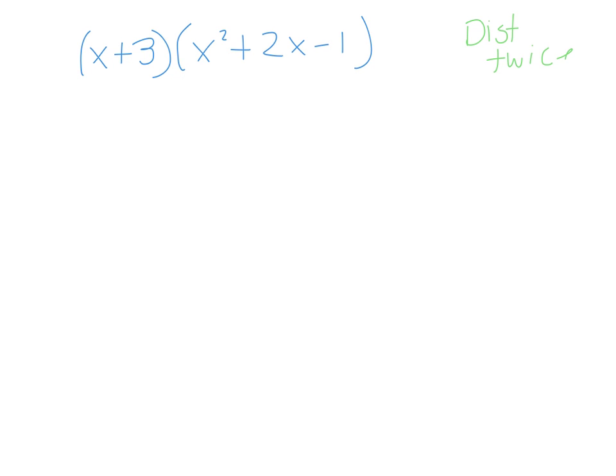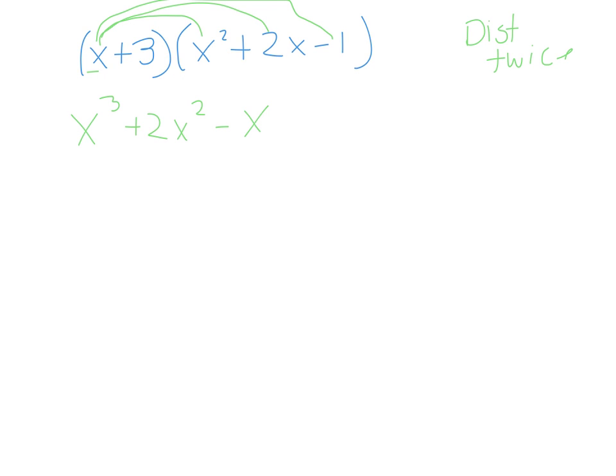So I start by distributing the first term here, x. That's going to be x times x squared is x to the third. Then x times 2x is 2x squared. Then x times negative 1 is negative x.